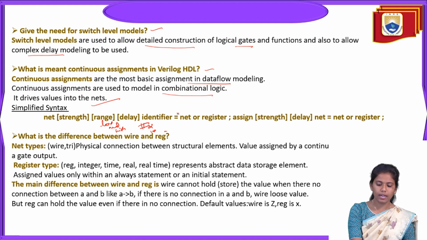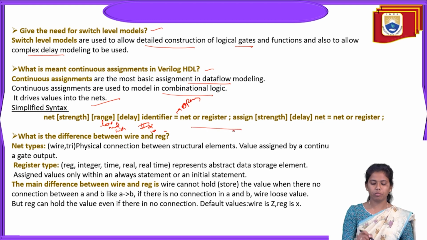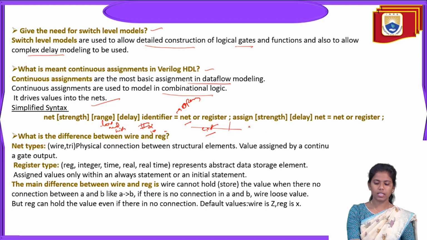Then this is the assignment operator, and to the right of the assignment operator is a net or register. The expression will contain some values, the operands where the information is stored, so it could be in terms of nets or registers. This is the syntax, and we are writing it in data flow, so in data flow, assign is a keyword.